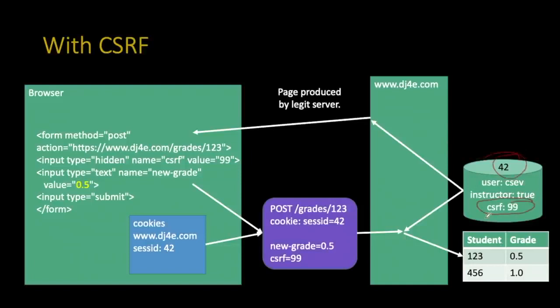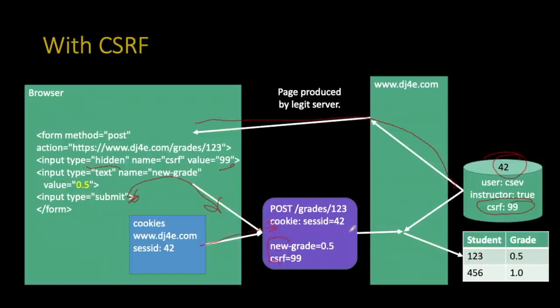So if you do this with CSRF, the legit server basically adds another value, not the session ID, but another value in the session, which is a large randomly chosen number. And then when a page comes out, it's a legit page, and it uses a type hidden variable and puts the CSRF value in. Now you hit the submit button, and the CSRF is coming in as post data. Your regular data, the grade data, is coming in, and the browser dutifully appends the session cookie.